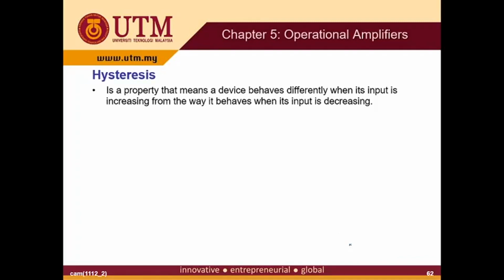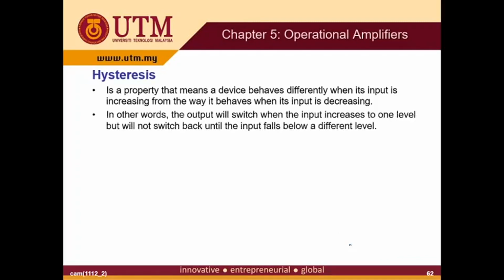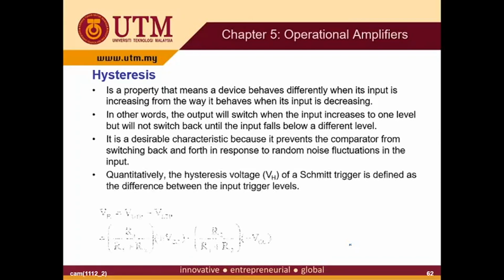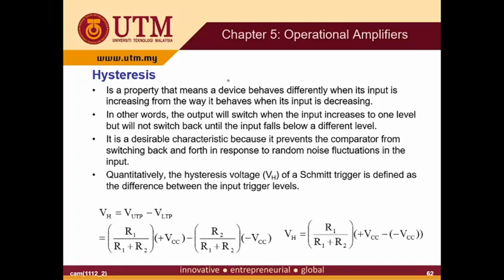Okay, so there's one keyword related to the Schmitt trigger, which is hysteresis. What is hysteresis? Hysteresis is a property meaning a device behaves differently when the input is increasing from the way it behaves when the input is decreasing.